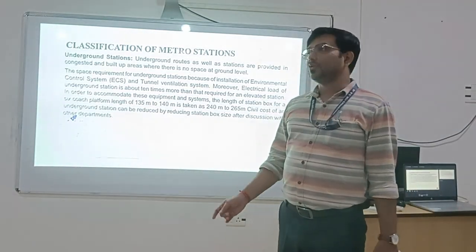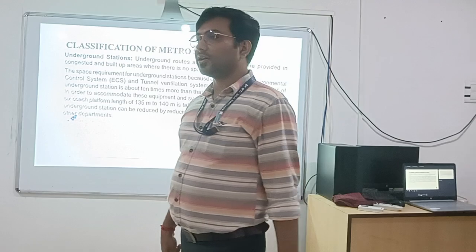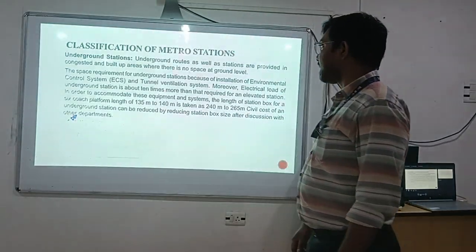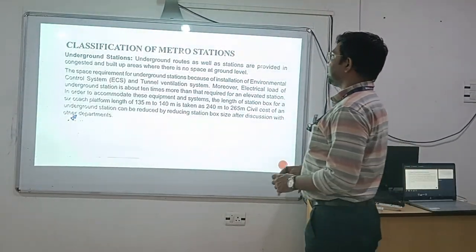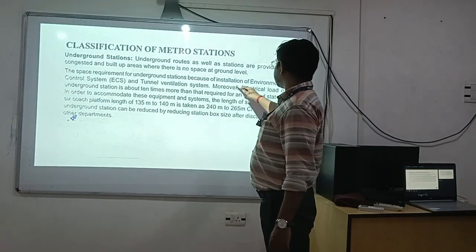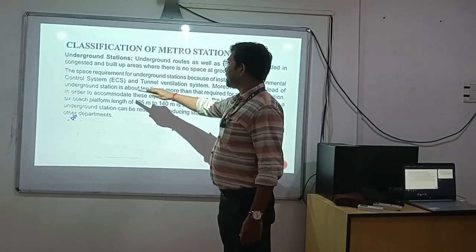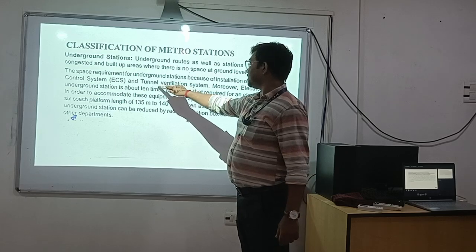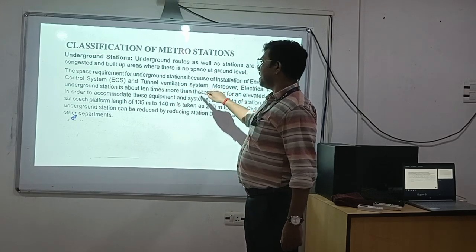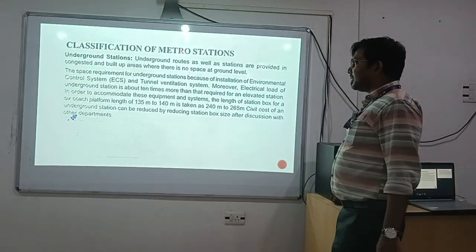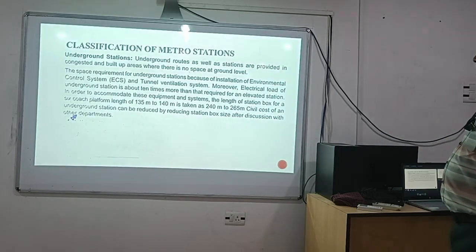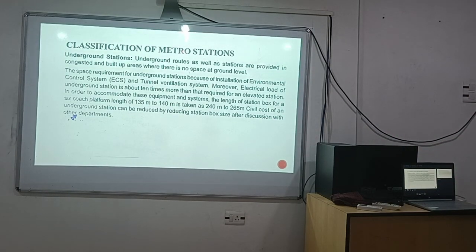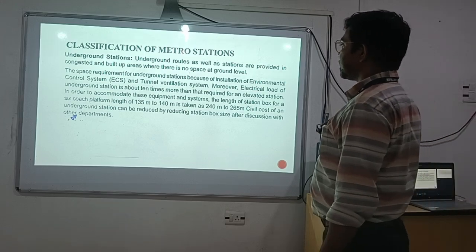In that case, we have to opt for underground or tunneling. The space requirement for underground stations is larger because of the installation of the environmental control system and, most importantly, the tunnel ventilation system. So these special features or essential facilities must be there in underground stations.